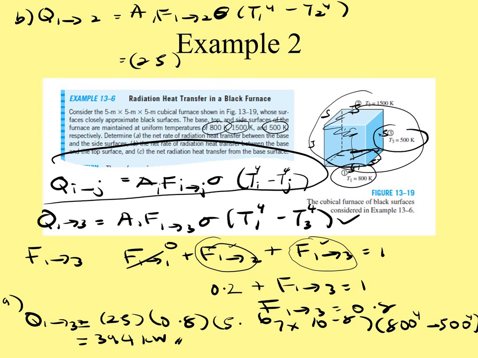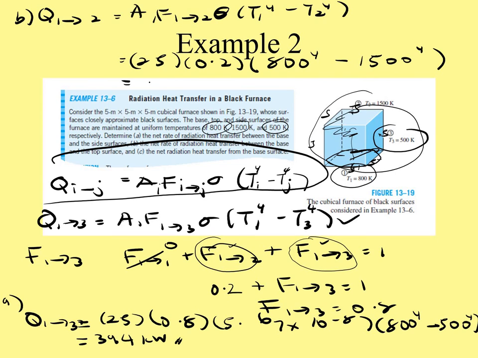For F1 to 2, you get the value of 0.2 from the figure just now. T1 is 800 to the power of 4 minus 1500 to the power of 4.